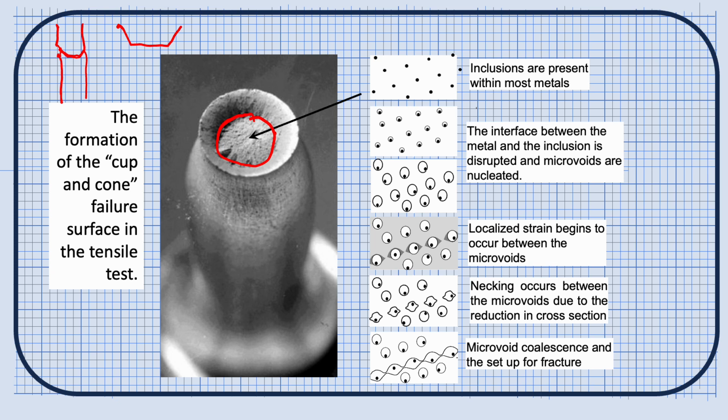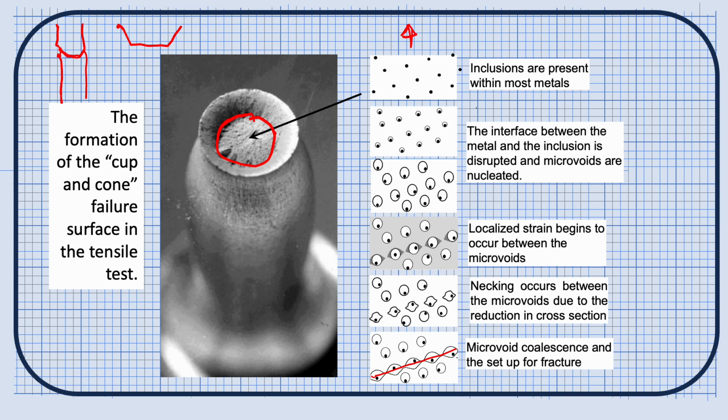And assuming that the stress is in this direction, those voids will grow as the sample is being pulled, and eventually they'll line up and there will be necking in between them to the point where they become one void, because each of those little individual voids have coalesced.